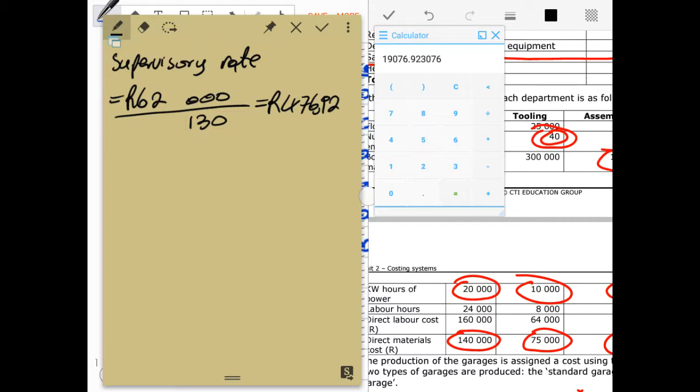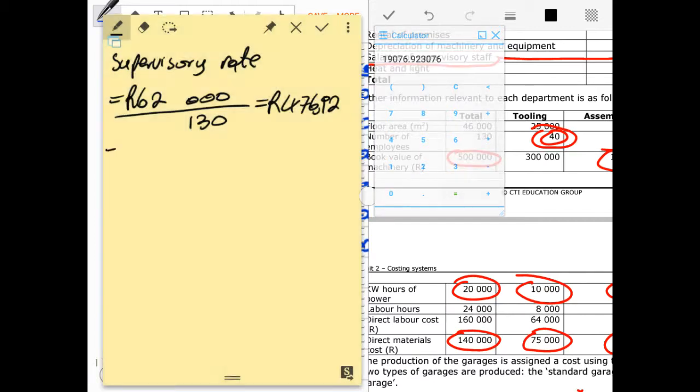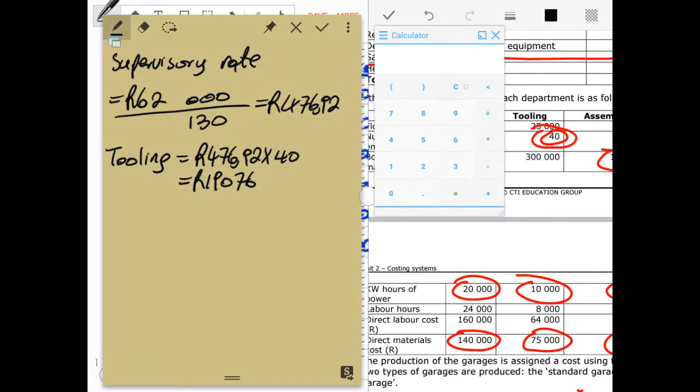Then that is the allocation in the tooling department, which is 476.92 times 40, and that gives us 19,076. Then we continue with the next one.